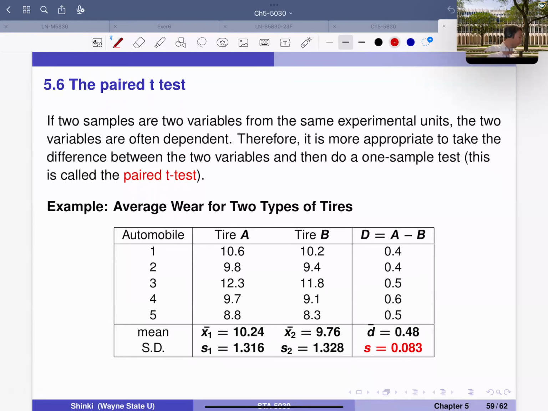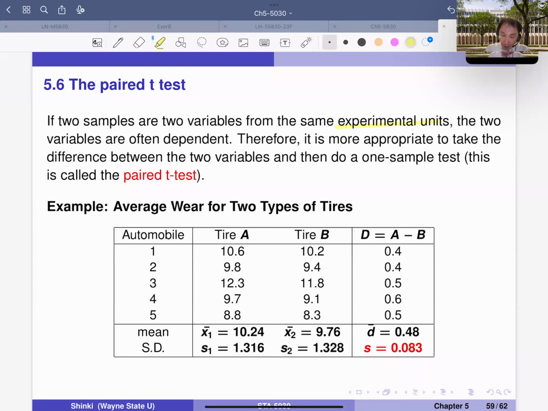So the situation is like this. We have group A and group B, and these two samples are from the same experimental units. If the two samples are two variables from the same experimental units, the two variables are often dependent. So we have one-to-one correspondence between the two sets of observations.